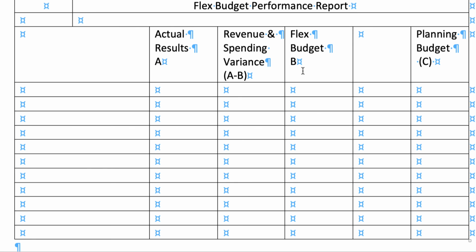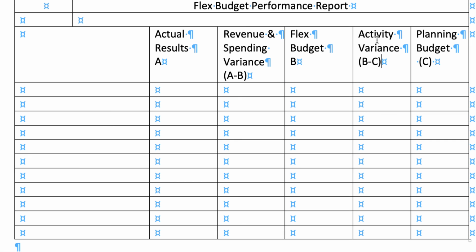So in between the flex budget and the planning budget, well, that is how we get the activity variance. And to figure that out, we just take column B minus column C. And we can tell what our activity variance is, okay?